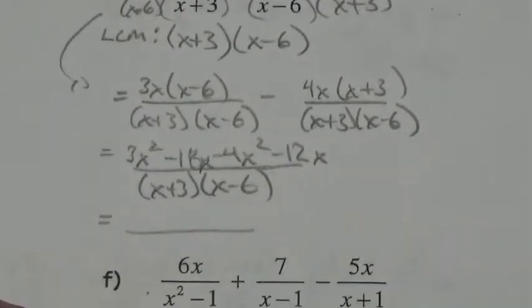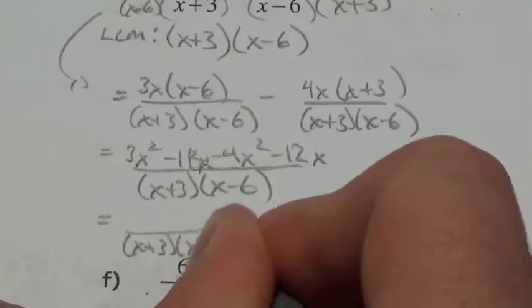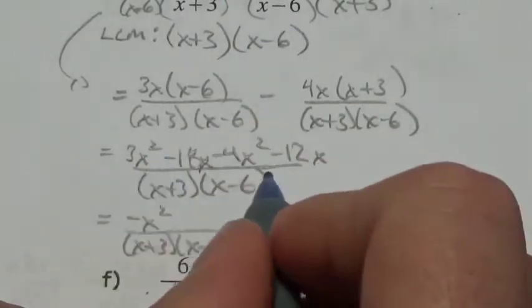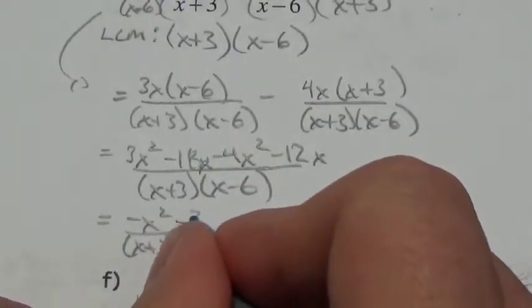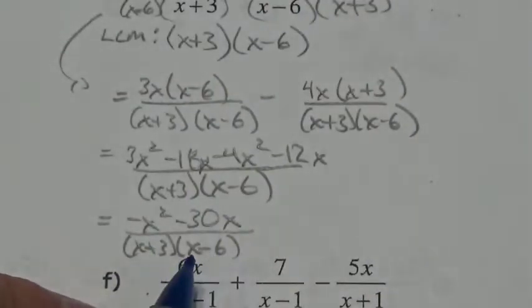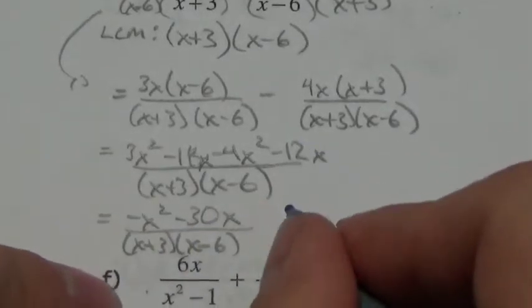Okay, so now I'm going to have x plus 3, x minus 6 in the denominator. My numerator is going to become -x squared, and I've got -18x minus 12x. That is going to become -30x. Now, hey, I can factor that numerator. Let's see if that makes a difference here.